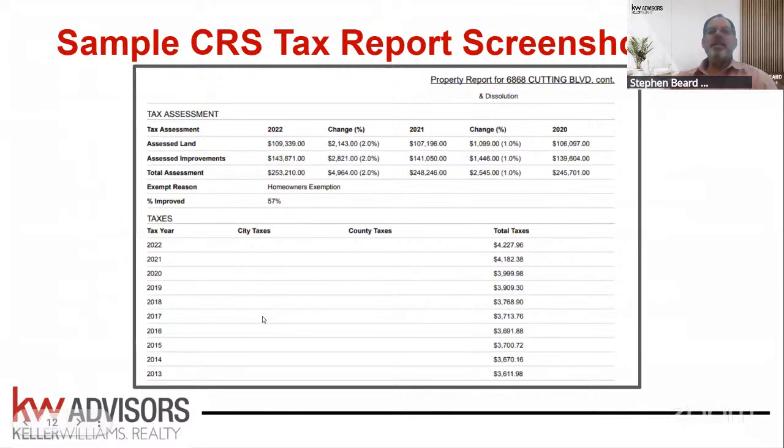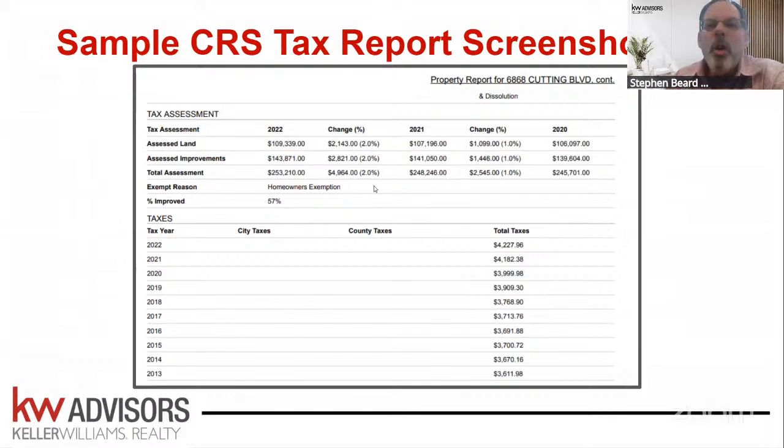All right, so this is a tax report from one of the MLSs that provides it. You can see here it shows historical tax information going back many years of the total property taxes that the owner had due each year. And you can also see the changes.